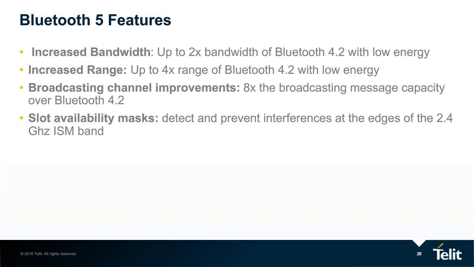We have the increased range under Bluetooth 5, which promises up to 4 times the range. In reality, it will probably roughly be double. It uses a so-called LE-coded PHY, and what it does is reduce the data rate down to 125 kilobits per second and use something they call forward error correction, effectively increasing the sensitivity, so increasing the link budget.